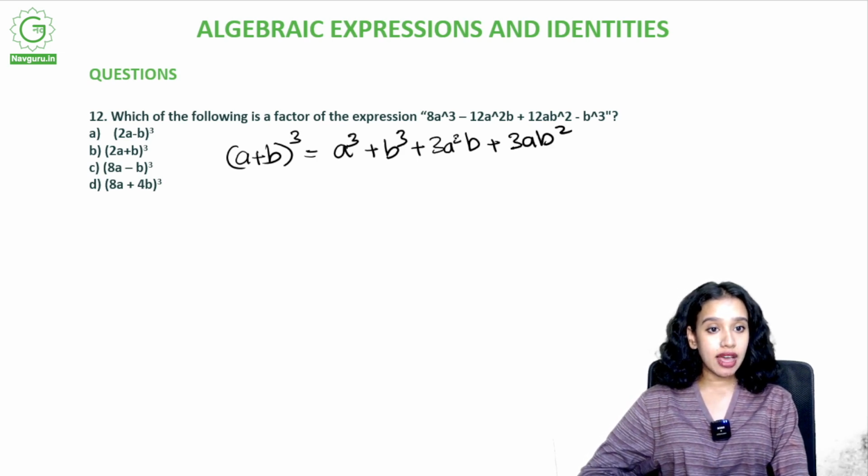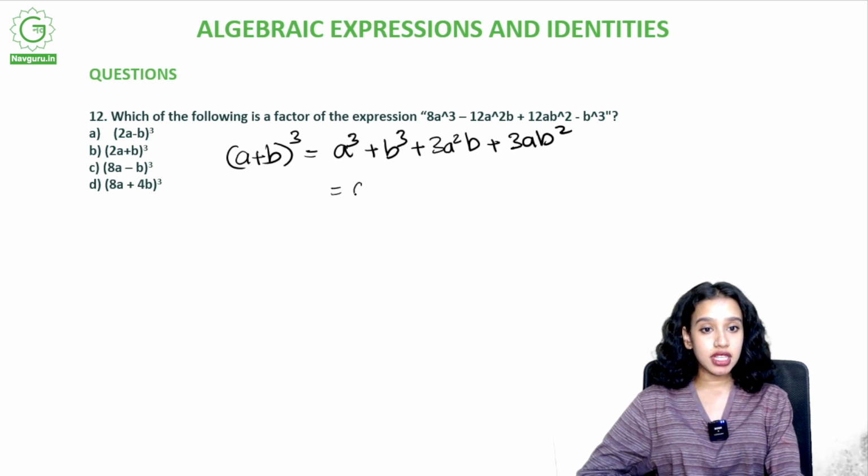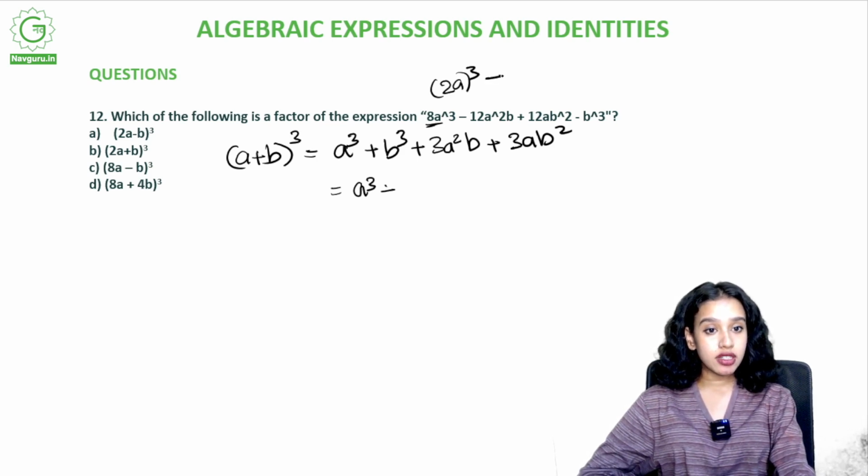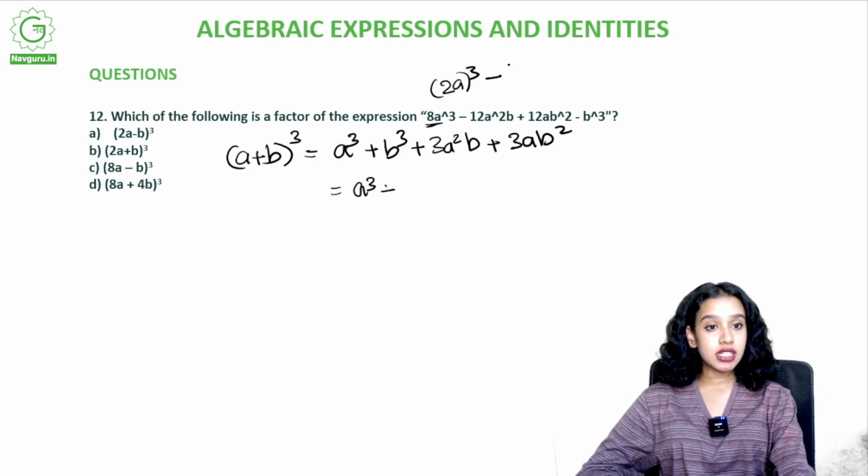Now, what do we have here? We have a cube, we have minus 12. So, if this is 2a the whole cube, right, minus what is 12 by 3 gives us 4, which is 2 square, right, which gives us a square.